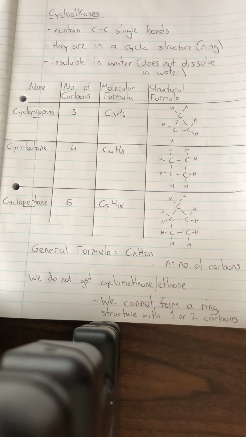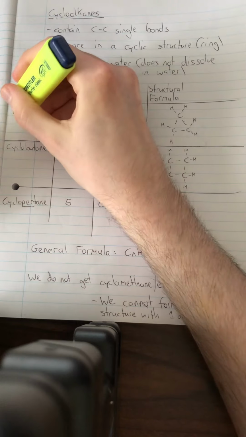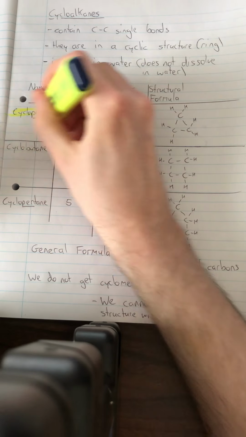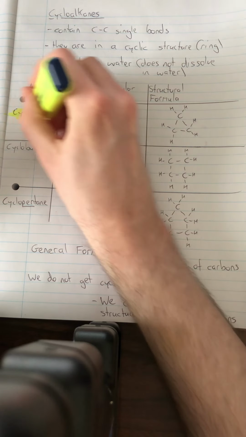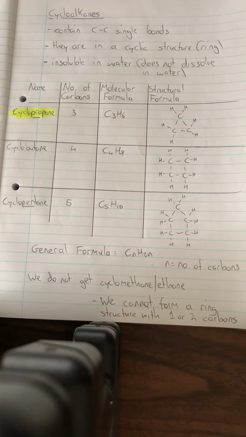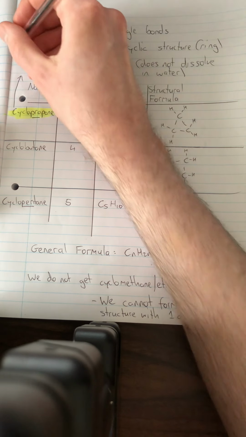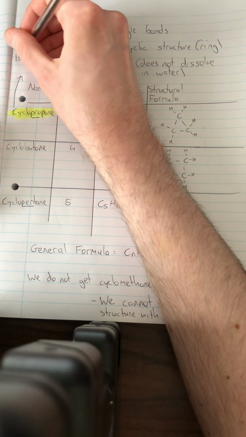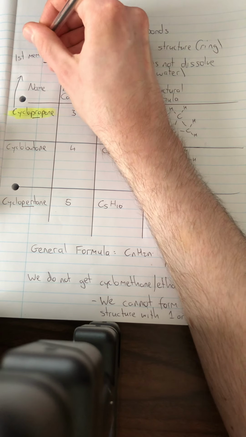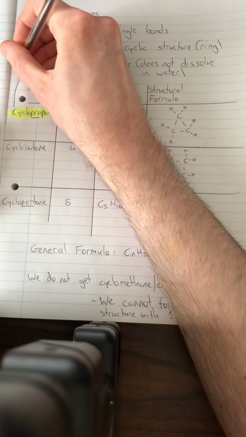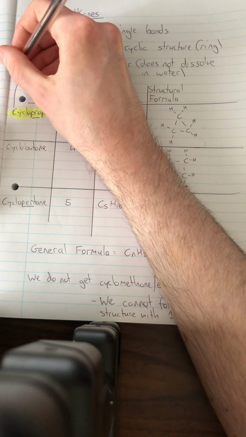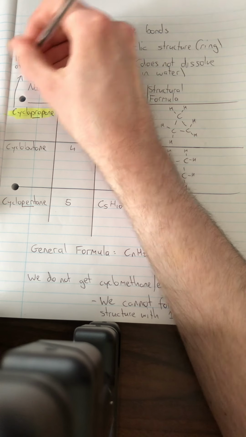So what that means is that cyclopropane is the first member of the cycloalkanes.